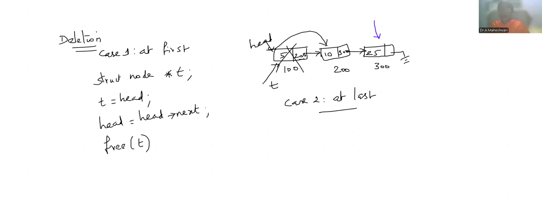So struct, one pointer is for the last node deletion, another pointer is for the previous node, the last previous node, whose next value is equal to null. So I'm going to maintain T1, another one is T2. Initially I'll use the traversing pointer T1. So I'll start it from my head node. So T1 is here.